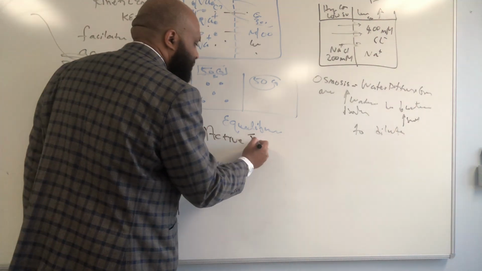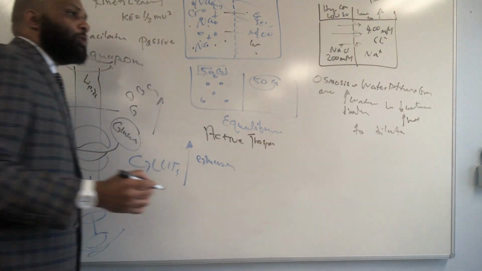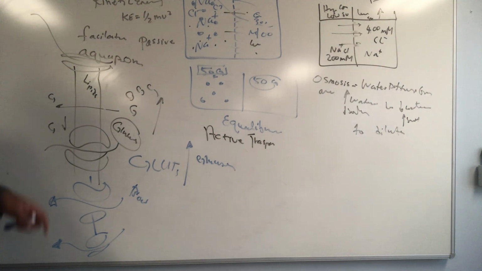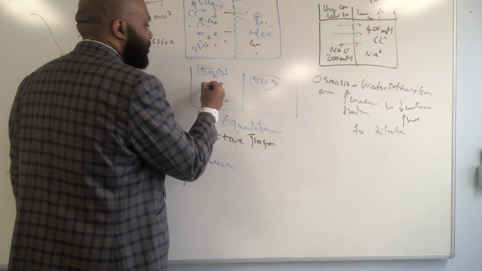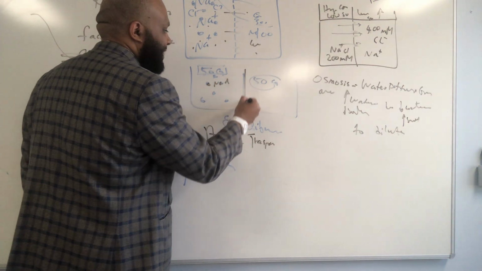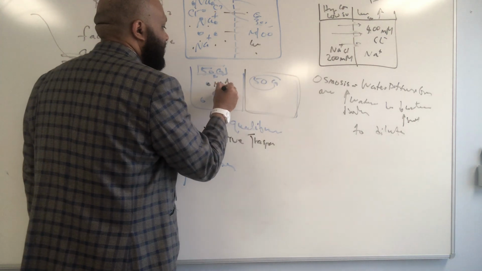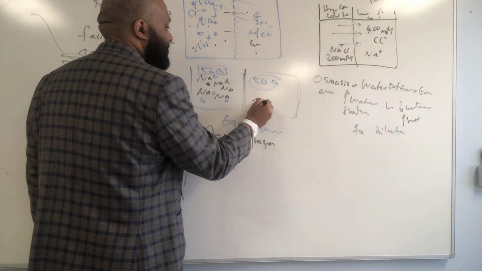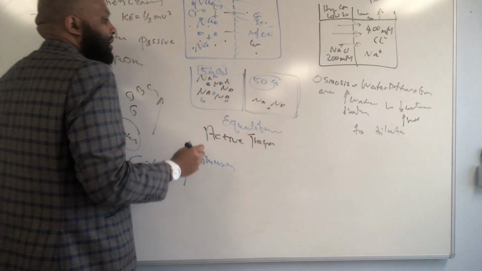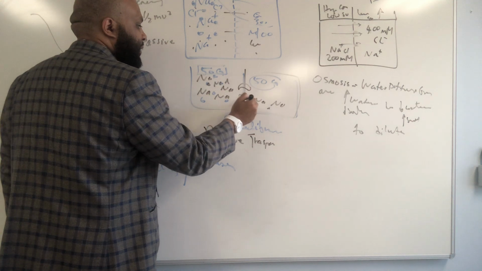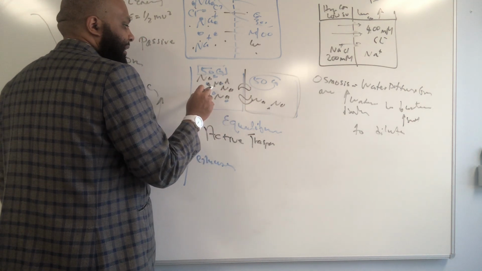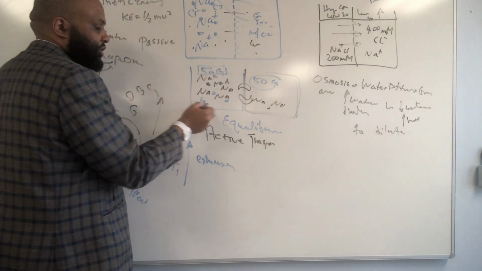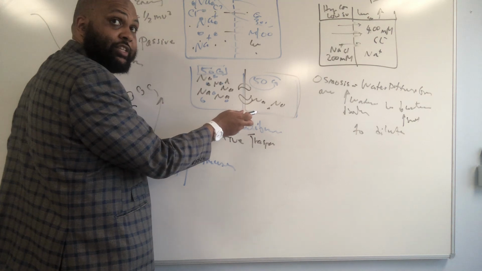We have active transport. In active transport, we start to utilize ATP. So for example, there is more sodium outside, let's say this is the cell membrane. There is more sodium outside the cell. It is known, it is measured, more sodium outside and less sodium inside. So the sodium potassium ATPase, what it does is, sodium naturally diffuses from an area of a higher concentration to an area of a lower concentration.